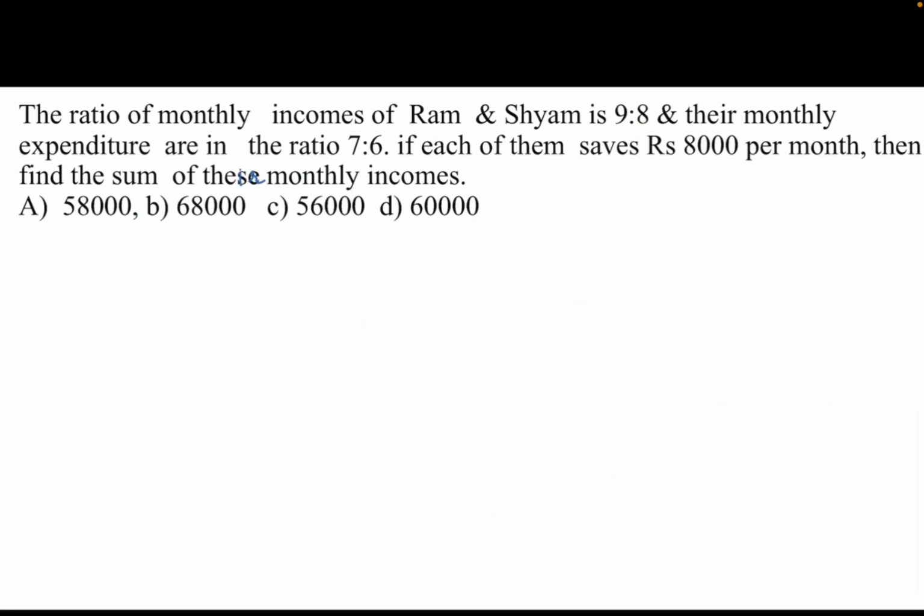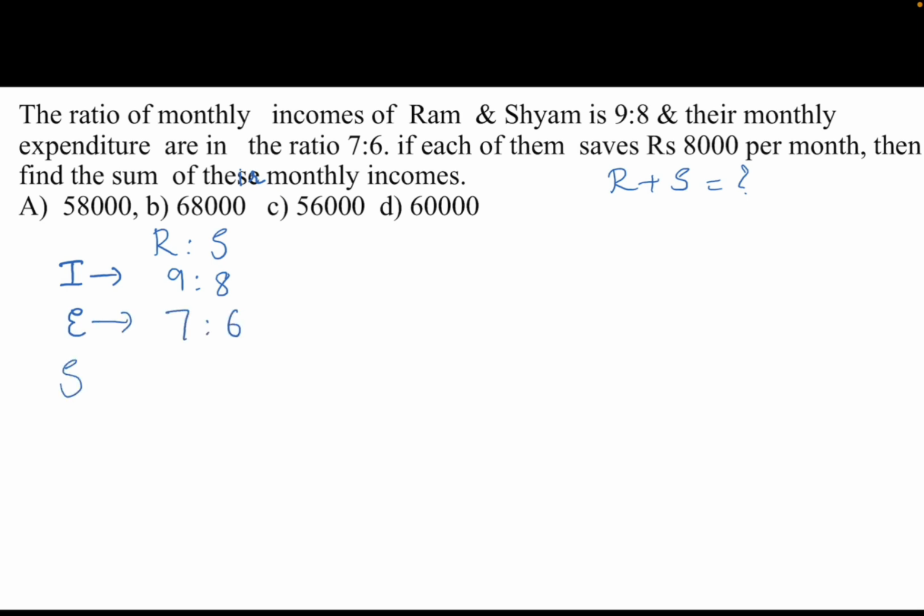Okay. Sum of the monthly incomes of Ram and Shyam is how much they are asking. Okay. Then what is given? Ratio of monthly incomes. Monthly income ratio is how much? 9:8. Then expenditure ratio is how much? 7:6.